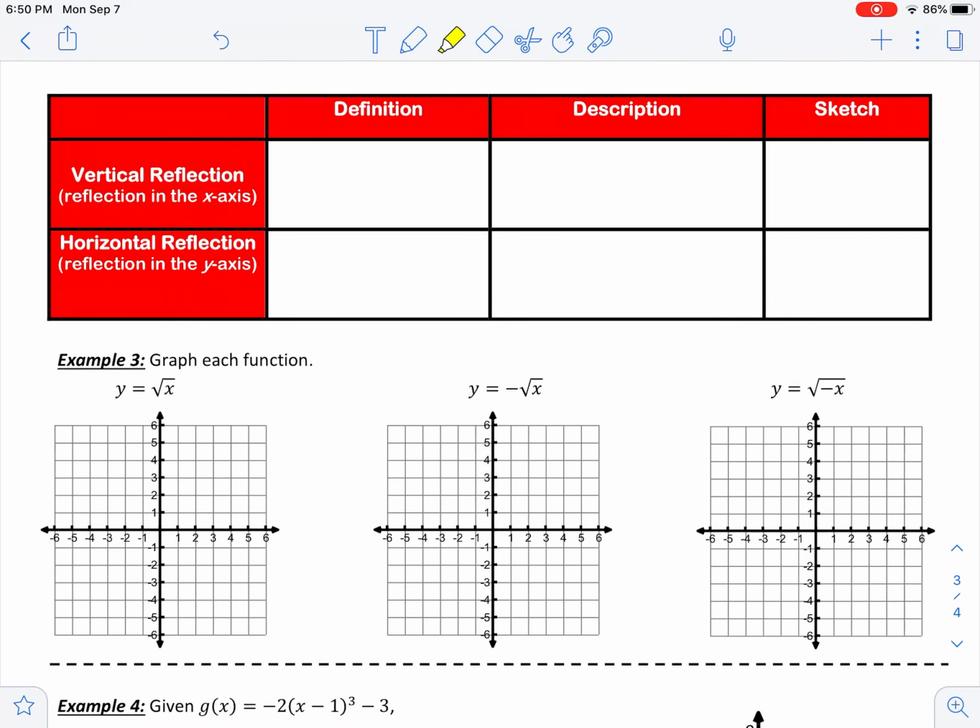Okay, last thing that we have to talk about before we start graphing is reflections. So when you were in integrated in Algebra 2, you did only vertical reflections. And that is when there's a negative in front of the parent. Okay, that is a mirror image over a horizontal line.